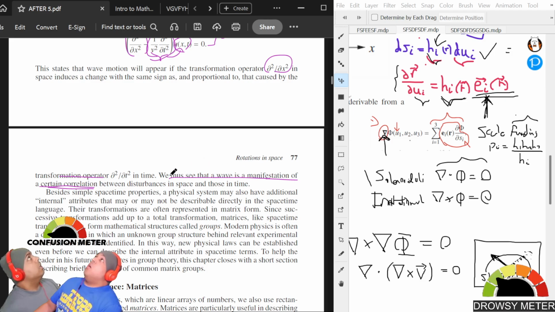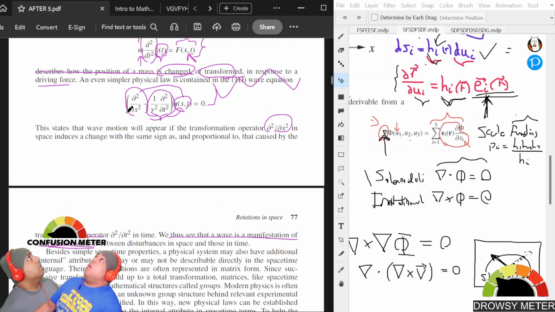We thus see that a wave is a manifestation of a certain correlation between disturbances in space and time. So del x, right? There's a change in x. So we're calling that a disturbance. When x is changed, it is a disturbance.